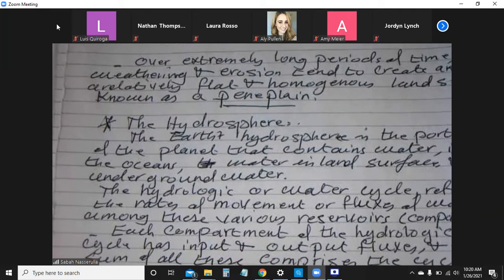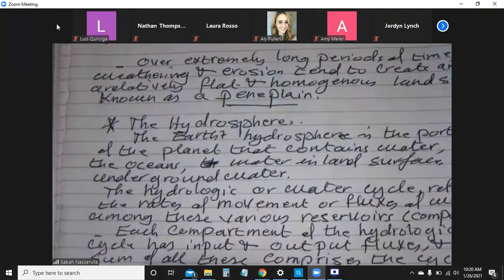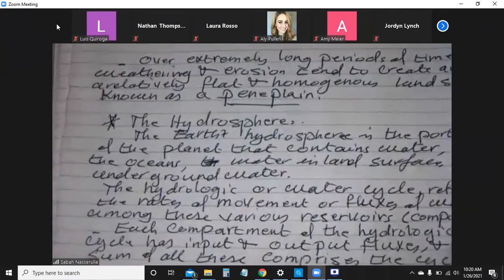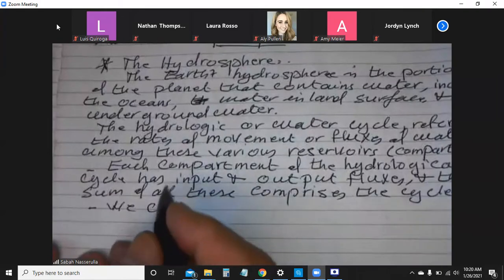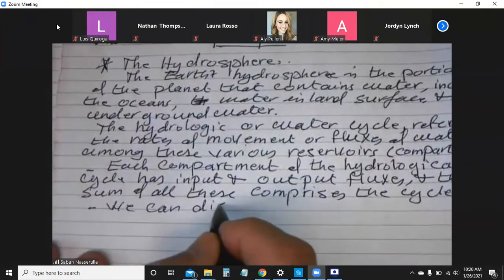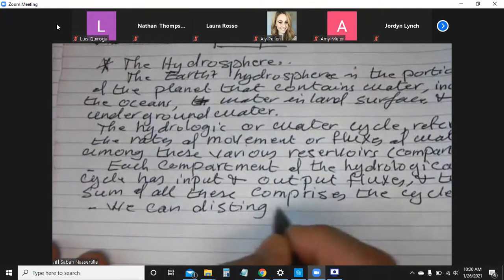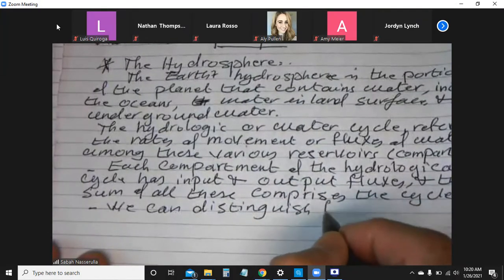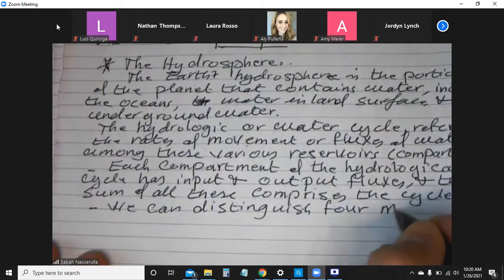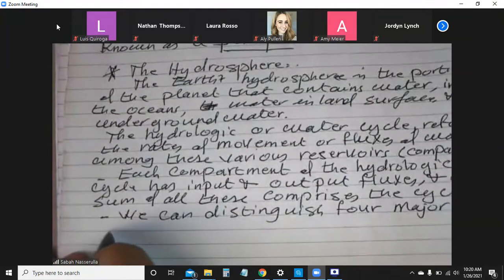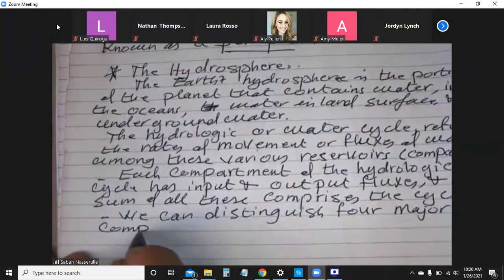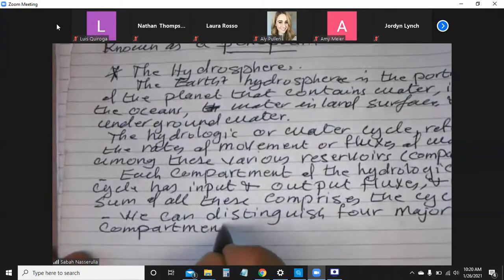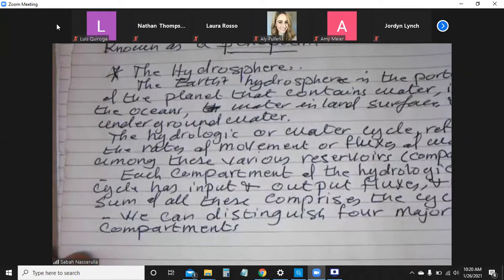Now, just to mention here, we can distinguish four major compartments of the hydrological cycle.